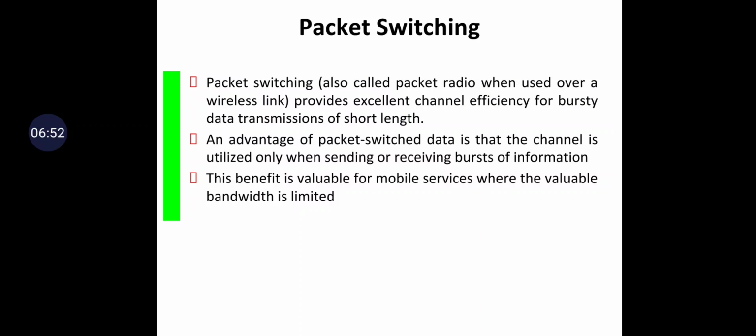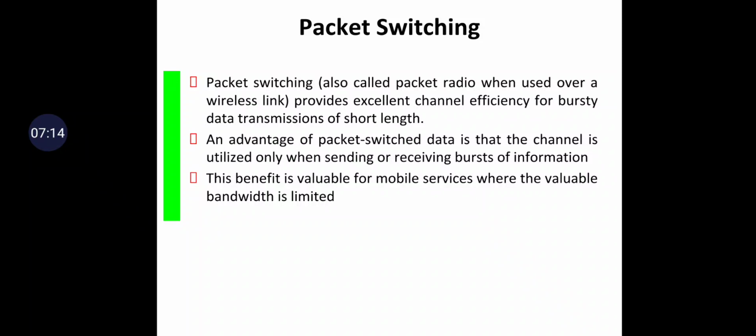And this packet switching is also called packet radio when used over a wireless link. It provides excellent channel efficiency for bursty data transmissions of short length. The advantage of packet switched data is that the channel is utilized only when sending or receiving bursts of information.